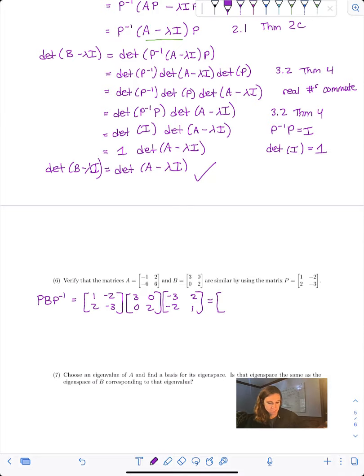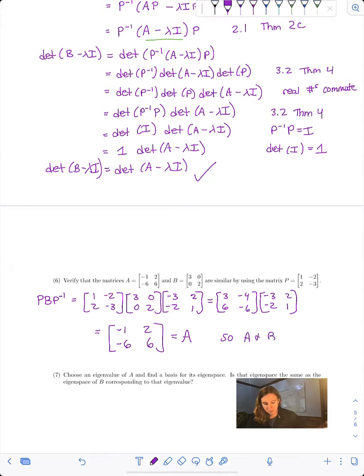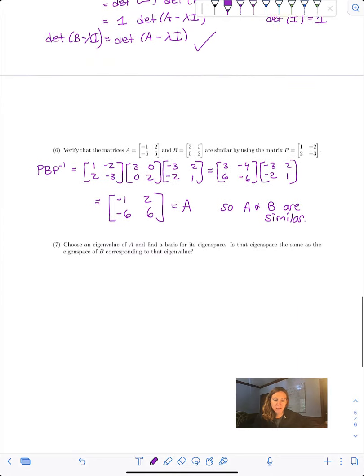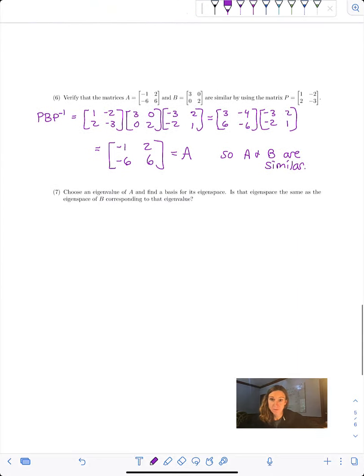So if we do P times B, we get 3, -4, 6, -6, and then times that P inverse that you paused and computed. When you do that multiplication out, you will see that you end up getting A. So A and B are similar. That means they have the same eigenvalues. So once you've found the eigenvalues for one, you can find the eigenvalues for the other, they're the same, you don't have to do anything.